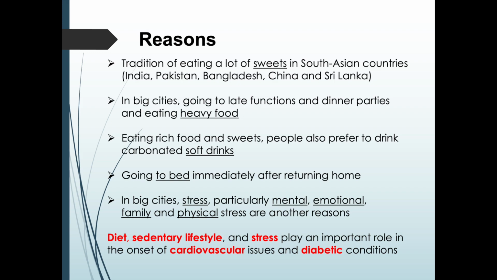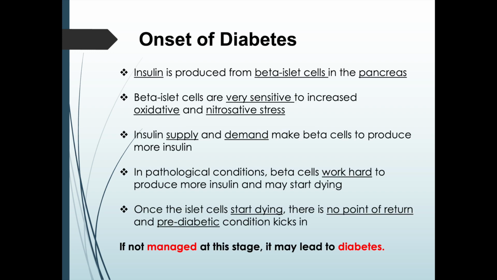Now after this I want to show the mechanisms. Here I am showing that insulin is produced from beta islet cells in the pancreas. In the coming slides I will show what a beta cell is and where the pancreas, the organ which produces the beta cells, is.